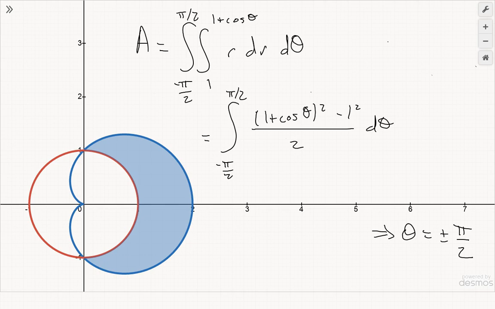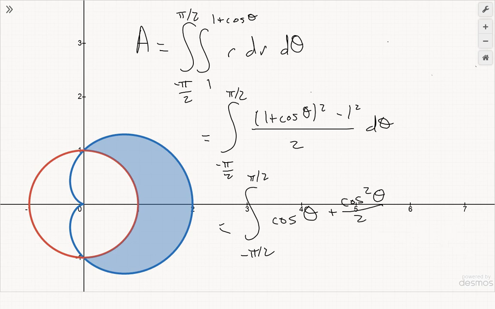So that becomes the integral from negative pi over 2 to pi over 2 of cos theta plus cos squared theta over 2 d theta.